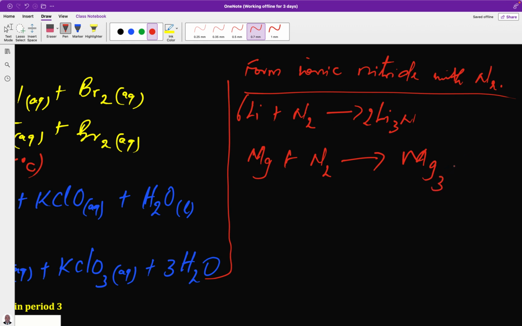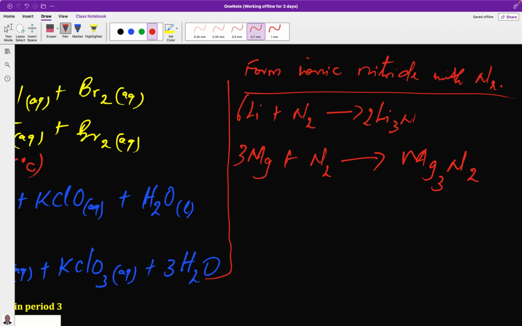So I will have, let me say 3 here. So magnesium 3 nitrogen 2. Very good. Now both of them will form nitride when they react with nitrogen in the atmosphere. So lithium will react with nitrogen in the atmosphere to form lithium nitride.